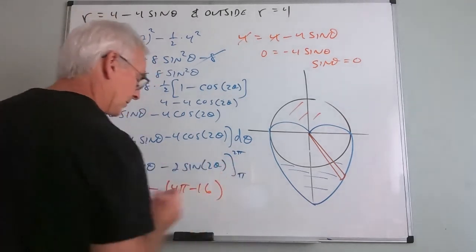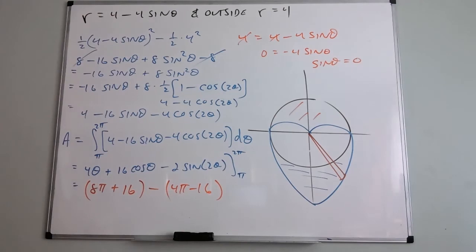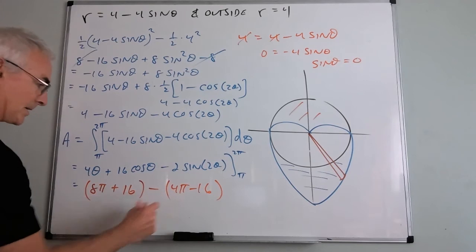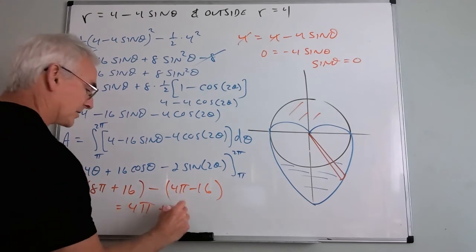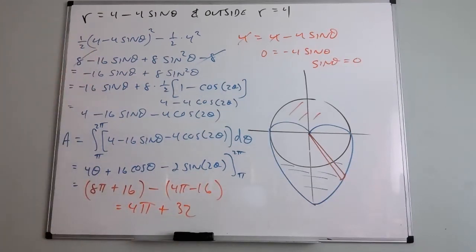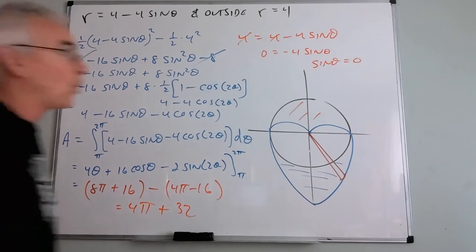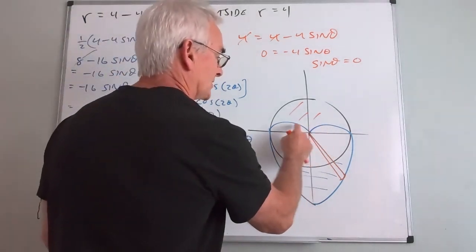And then again, that will be 0. Okay, so now let's look at that final answer. I didn't get all zeros, did I? So 8 pi minus 4 pi, that's 4 pi plus 32.